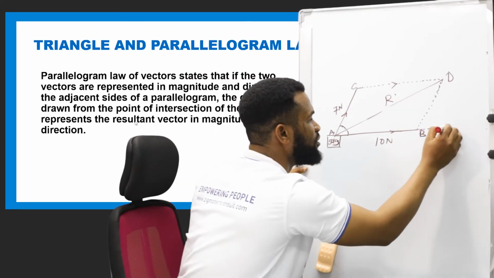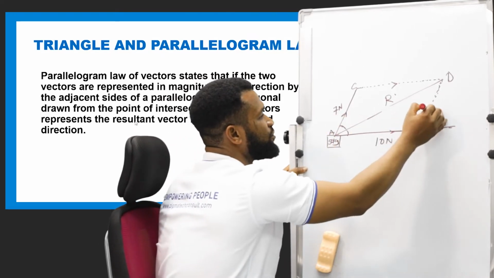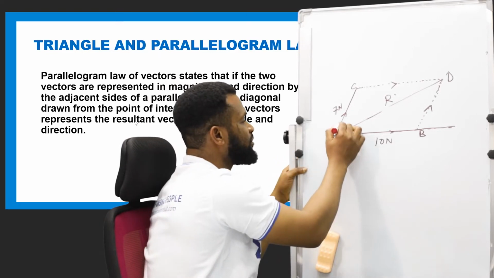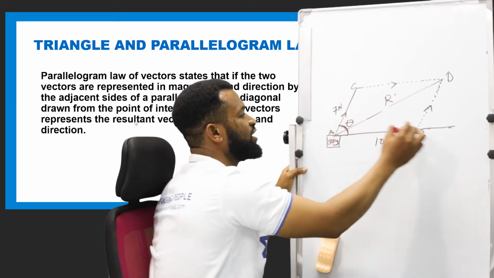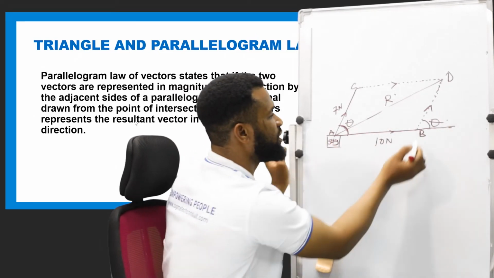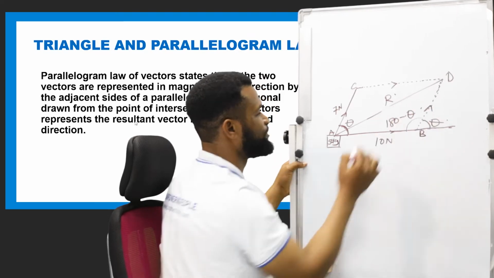Now, a little geometry is going to tell you that since these two sides of a parallelogram are parallel, the angle here, which is theta, is going to be the angle at this point, theta. So what is going to be here now? This is going to be 180 minus theta.